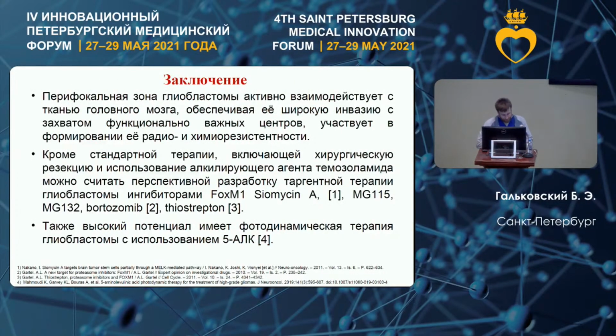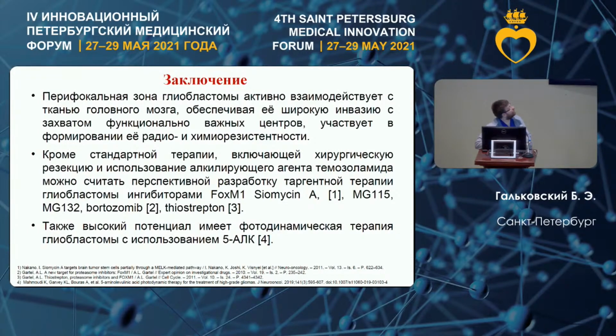In conclusion, the main trouble of this area is that it actively interacts with normal brain tissue and provides the invasive growth of a tumor. Quite often, it impacts active functional areas that can't be removed with surgery and forms radio and chemo resistance.